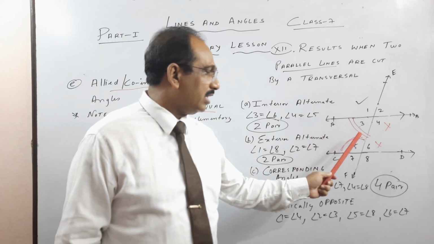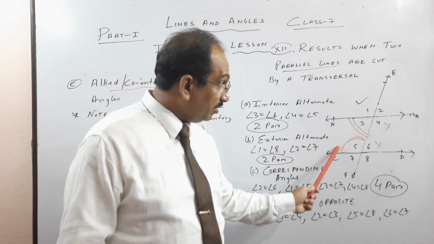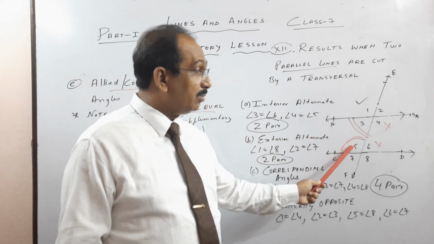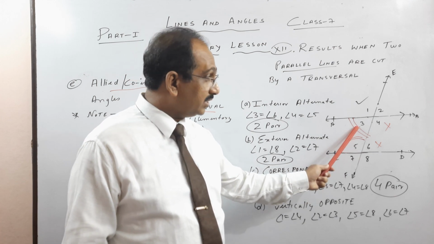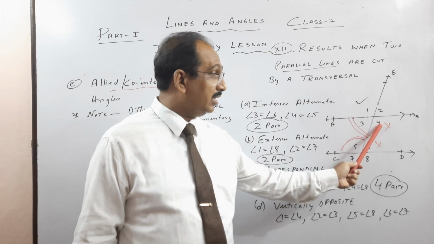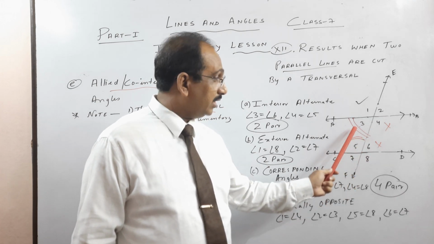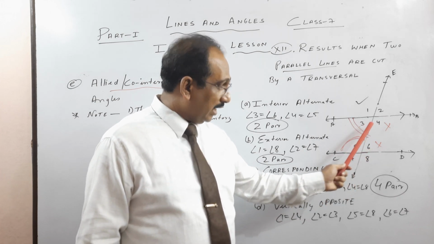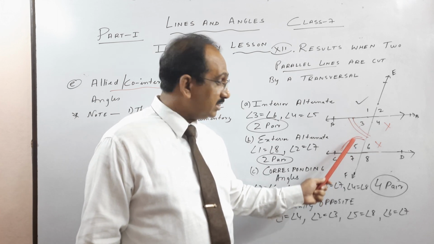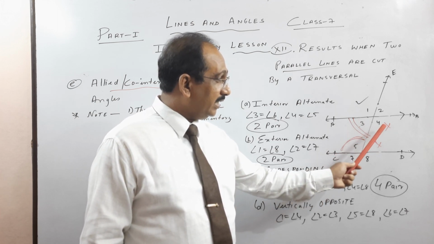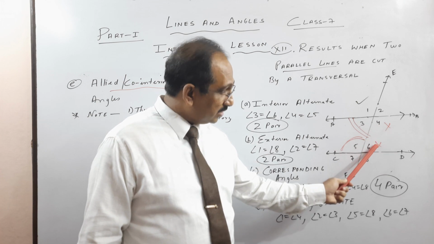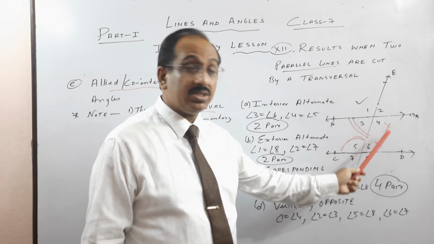One example I'll give you: if this is 60, this will be 120, together they will be 180. If this is 60 on a straight line, this will be 120. So this will be 60. This way you see they are equal alternate. So 60, 120, and this is also 120. So this plus this, 60 plus 120, is 180, and this will be 120, and this will become 60, because their sum is 180 degrees.